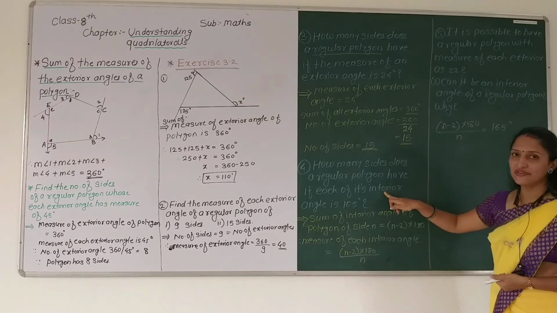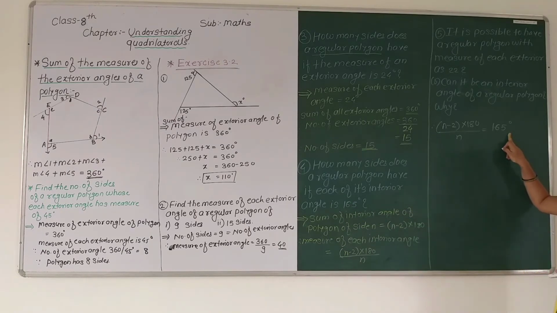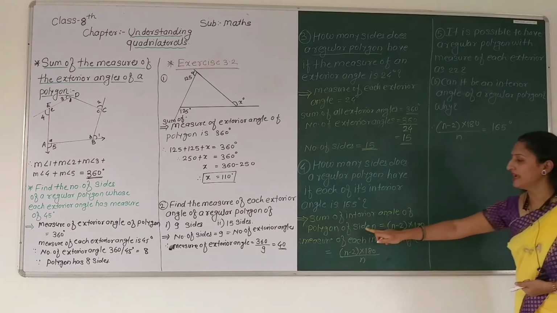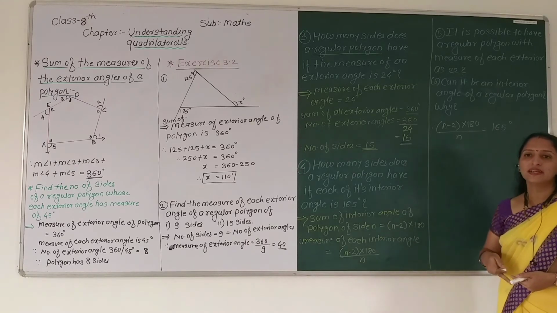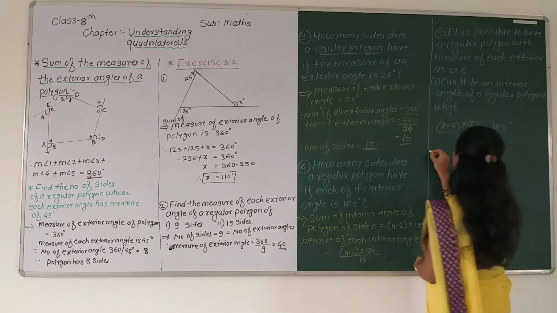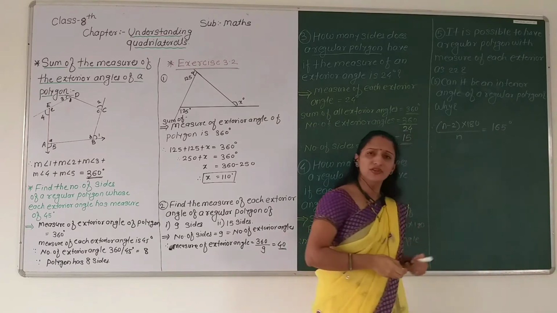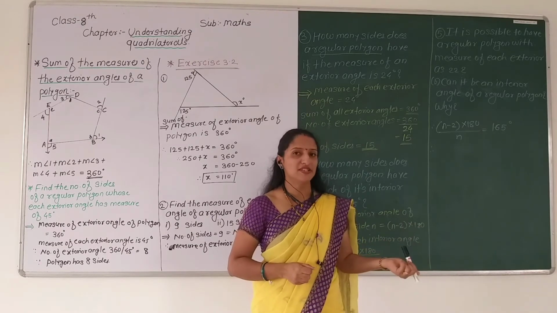By solving this equation, we can get the value of n, and n is the number of sides of that polygon. Can you try to solve this? Yes, we have solved this in our previous chapter.